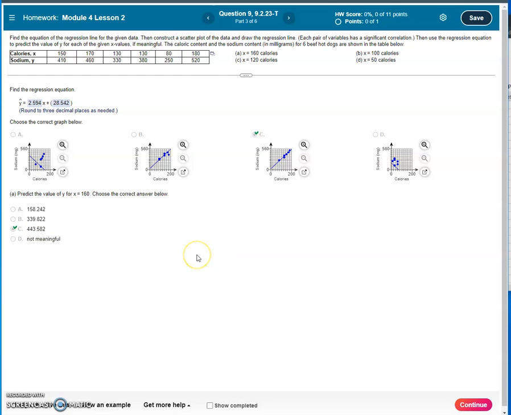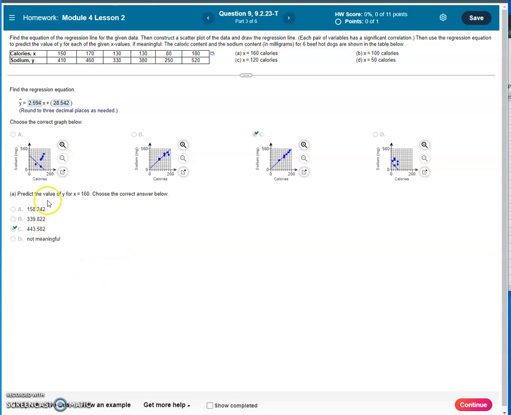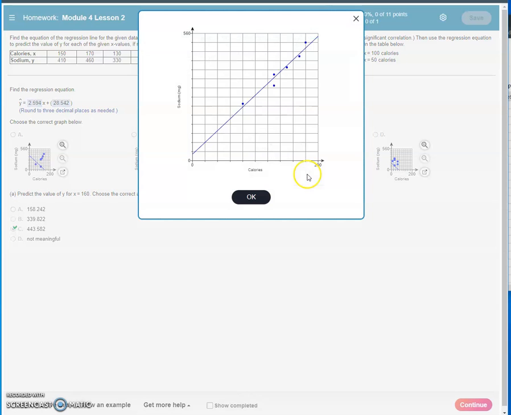Now, one thing that's really important, one of the answers here is not meaningful. You have to be careful when you predict values that your data point falls within the range of your original data set. So this is my data set here.